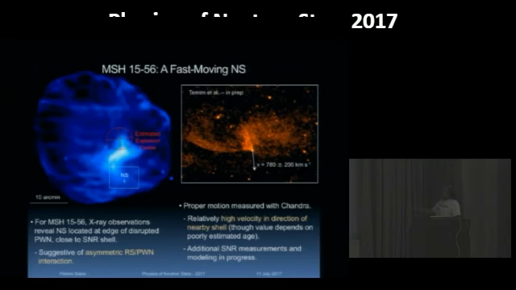This is the last example of a recent measurement of one for which we actually waited long enough to not have to model it. We actually see in the X-rays that this asymmetrically disrupted pulsar wind nebula that we know has a star seen in X-rays right here is actually moving down in this direction.